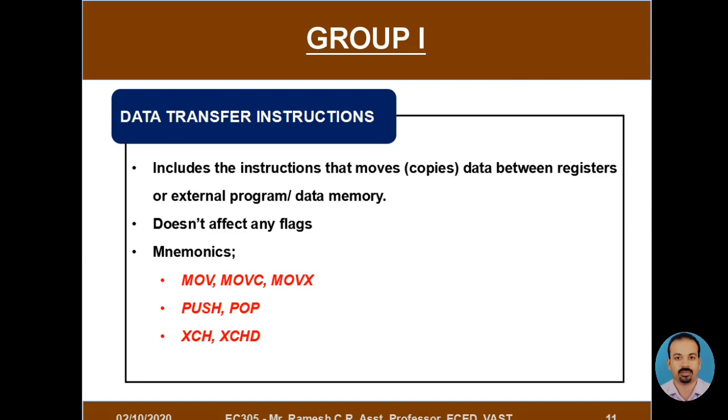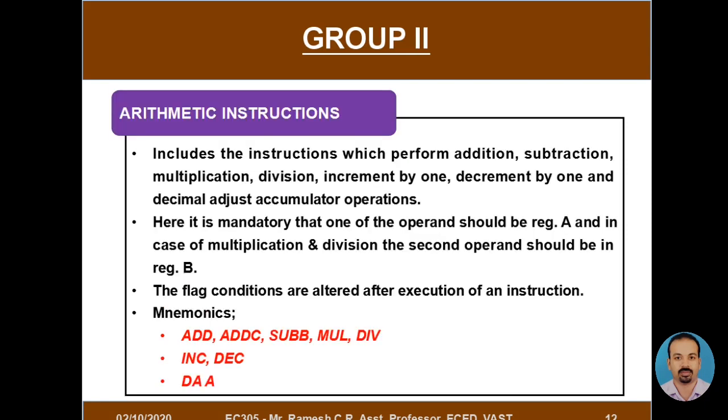Then XCH and XCHD are used for exchange of data between the internal RAM registers. In this case, you can see that sometimes the entire data will be replaced or only a small portion of the data is replaced.